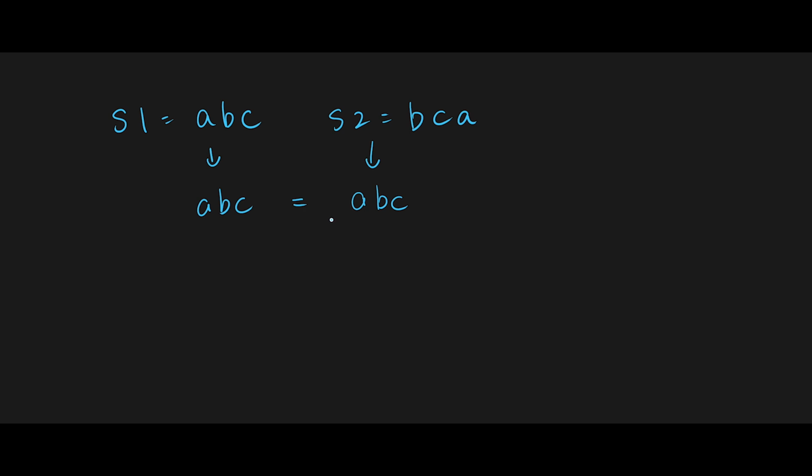One more important thing about anagrams is that if S1 and S2 are anagrams, definitely they have the same length, right? If S1 has ABCA and S2 has BCA, in that case we cannot create anagrams with them because the length of S1 is 4 and the length of S2 is 3.